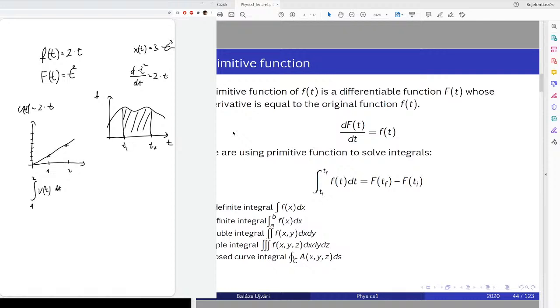This is technically the value of the primitive function at the final position minus the value of the primitive function in the initial position. So if v(t) equals t, that will be t squared final minus t squared initial, which is 4 minus 1.